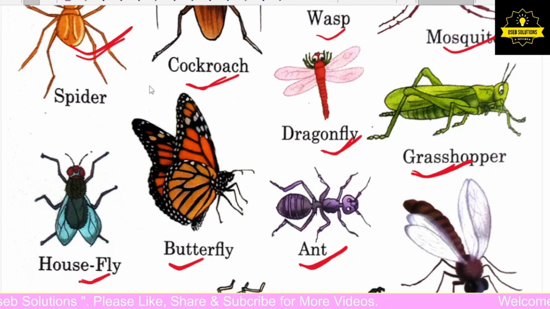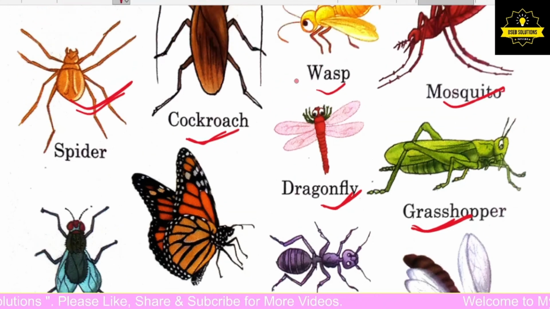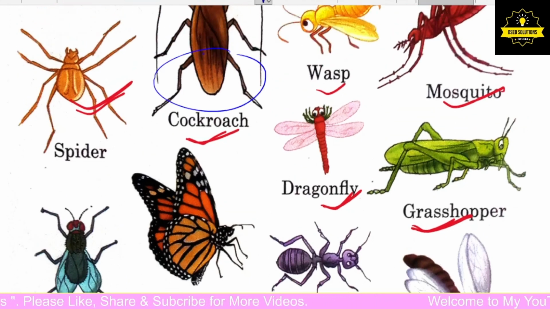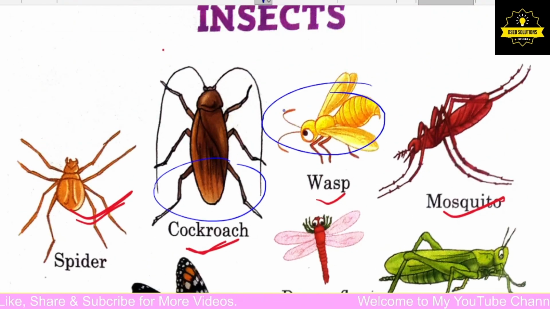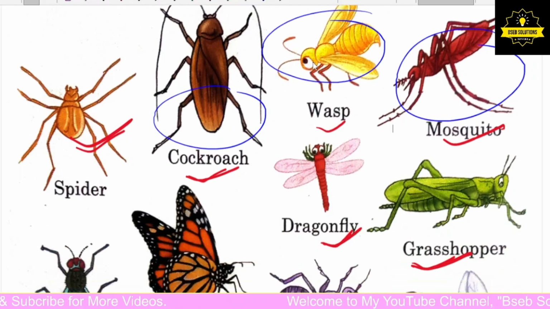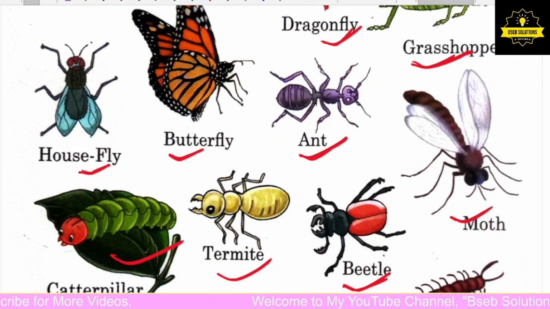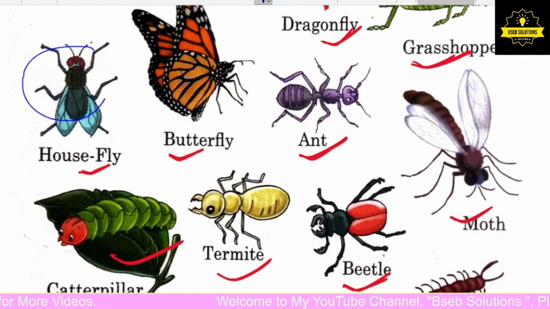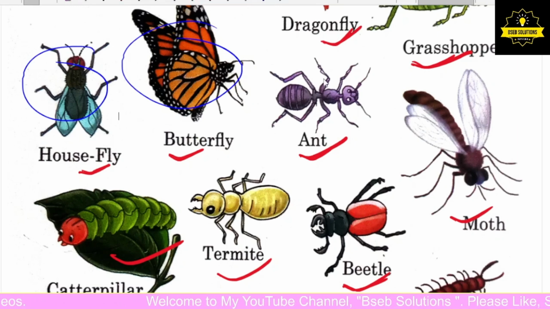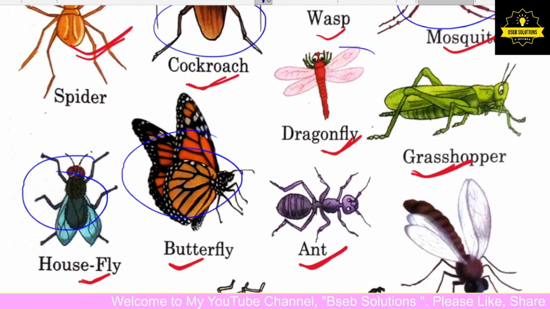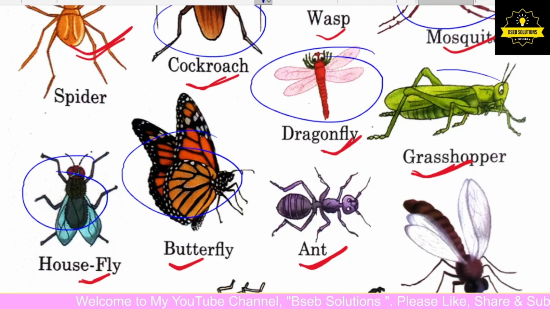A spider. Cockroach. Wasp. Mosquito. Housefly. Butterfly. Dragonfly. Grasshopper.